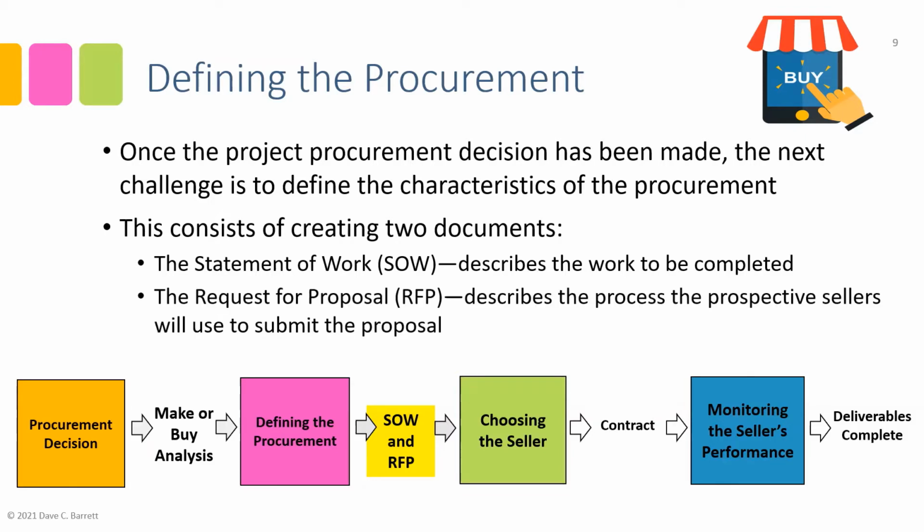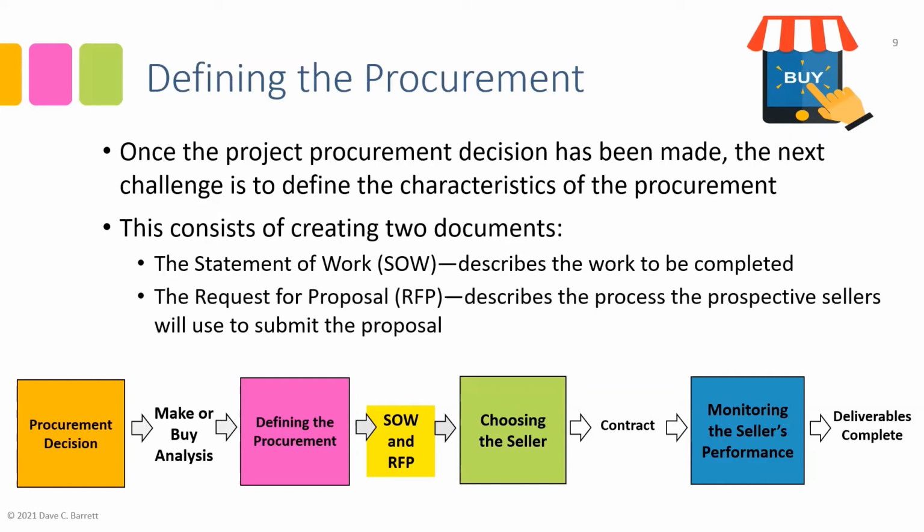And the other document is referred to as the request for proposal, or RFP. This one describes the process that the prospective sellers will use to submit their proposal to us. So it's not talking about the product we want, that's in the statement of work.